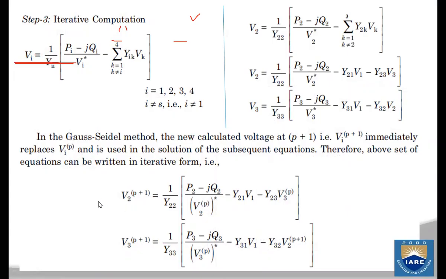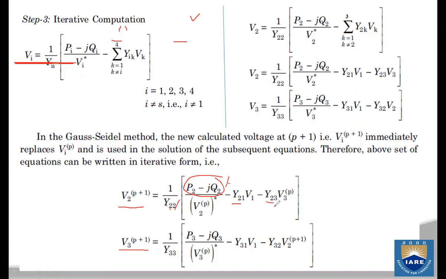Now if you observe here, we need V2 in the (p+1)th iteration and V3 in the (p+1)th iteration. First calculate (P2 minus jQ2) by Y22. Then calculate Y21 by Y22 and Y23 by Y22.